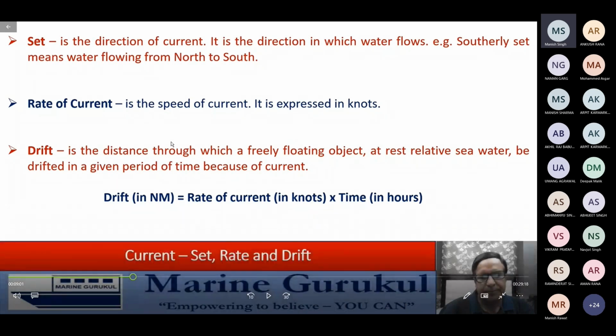So beta, is this clear? Any doubts up to here? Okay, sir. Okay, great.